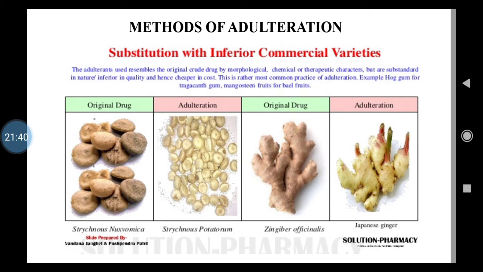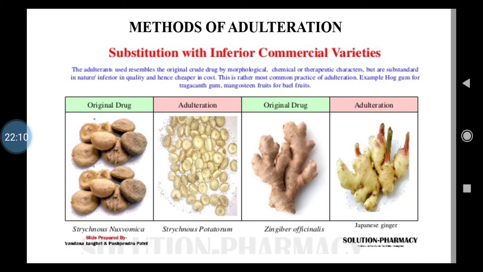In that case, one or two may be the original variety and the other varieties may be the commercial varieties used in the market, but they have a lower percentage of chemical constituents. So they are called inferior commercial varieties.